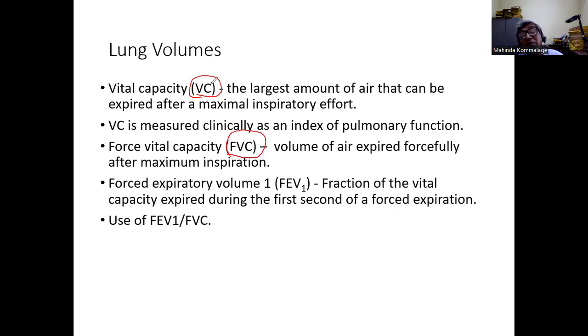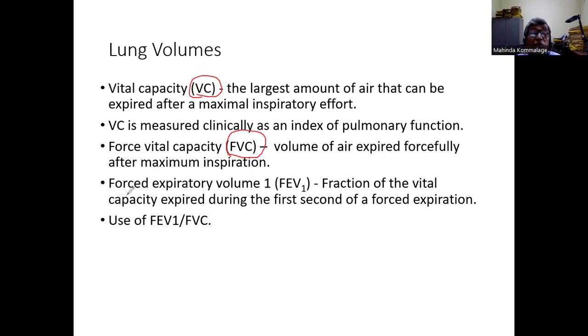So when we measure vital capacity, we don't do it forcefully, but when we measure forced vital capacity, we do it forcefully, with a higher rate. The values are very close, but they are two things.